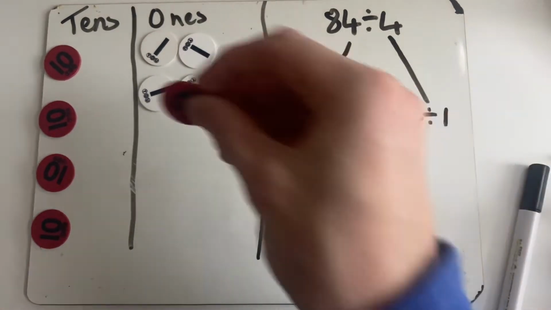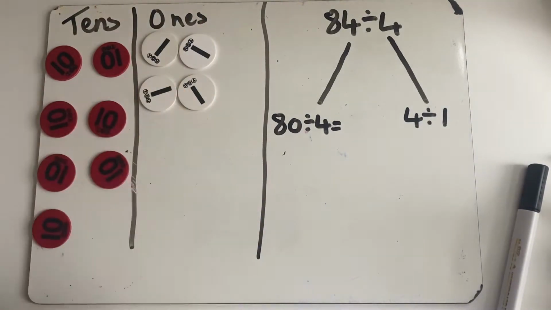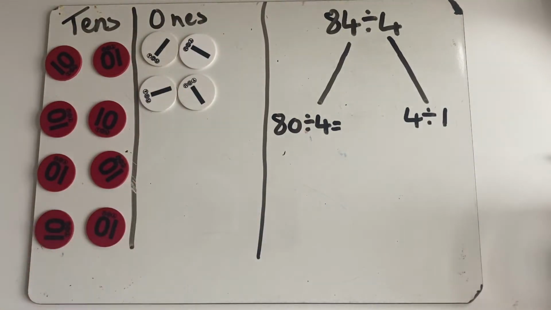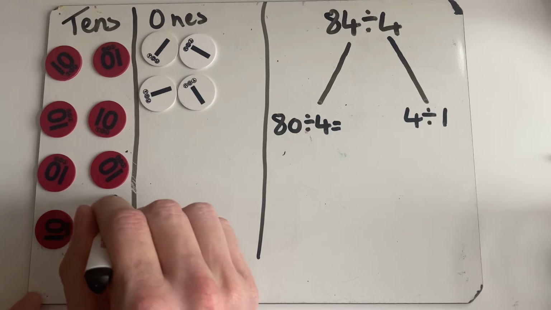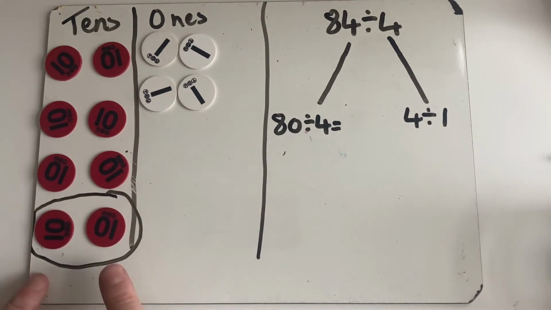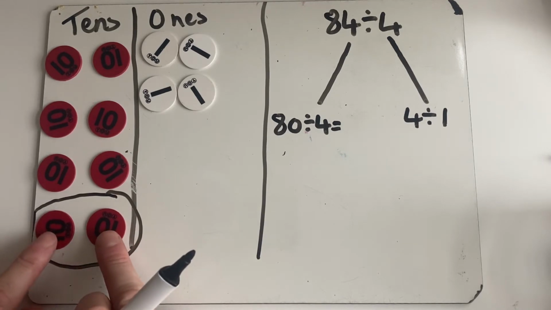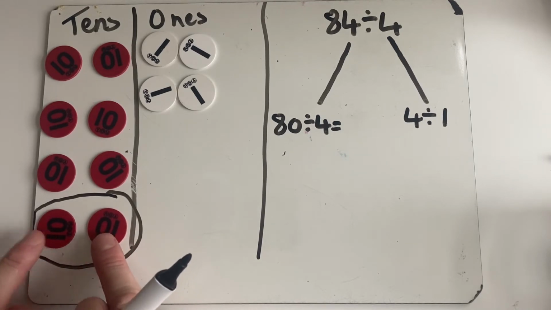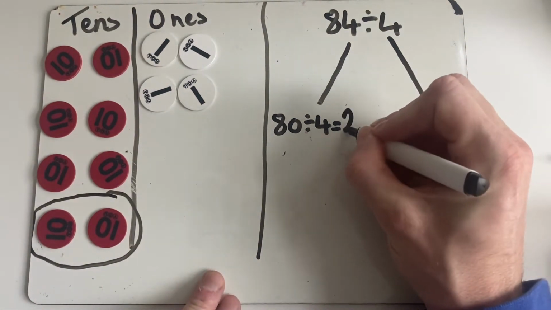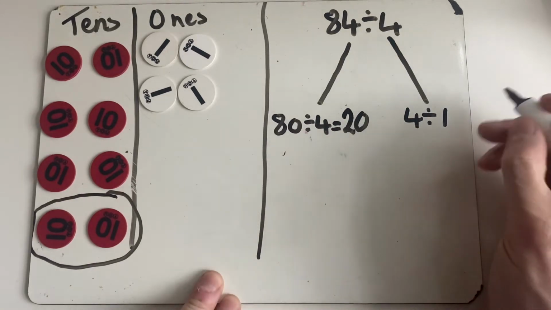Now we're going to put our other 4 counters that we've got left. So we've got 4 groups: 1 group, 2nd group, 3rd group and 4th group. We just need to take 1 group because we're dividing by 4, and here we've got 10 and another 10 equals 20. So 80 divided by 4 equals 20.